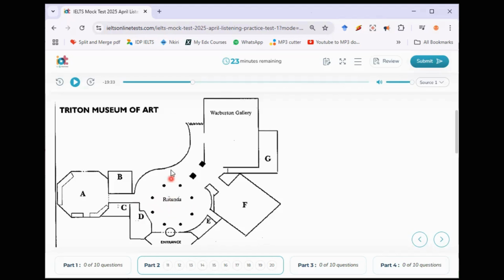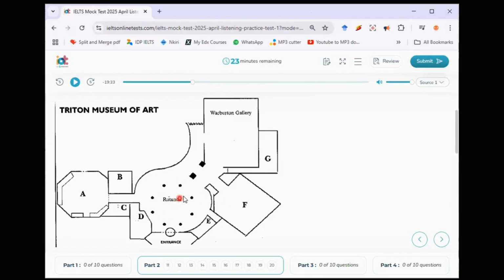That's what I mean by face forward. So if I'm looking towards this direction and I'm standing in the rotunda, what is to my left? A is going to be to my left. B is going to be to my left. C will be to my left. And what is going to be to my right? F is going to be to my right. Do you understand now? That's very straightforward.